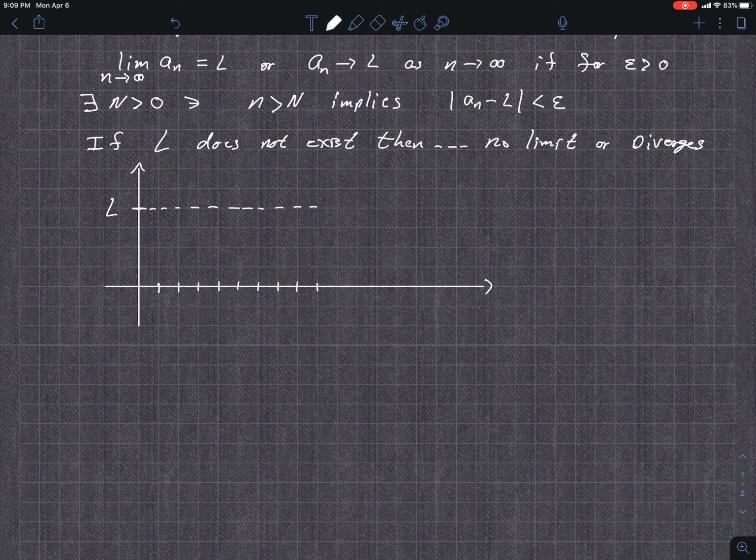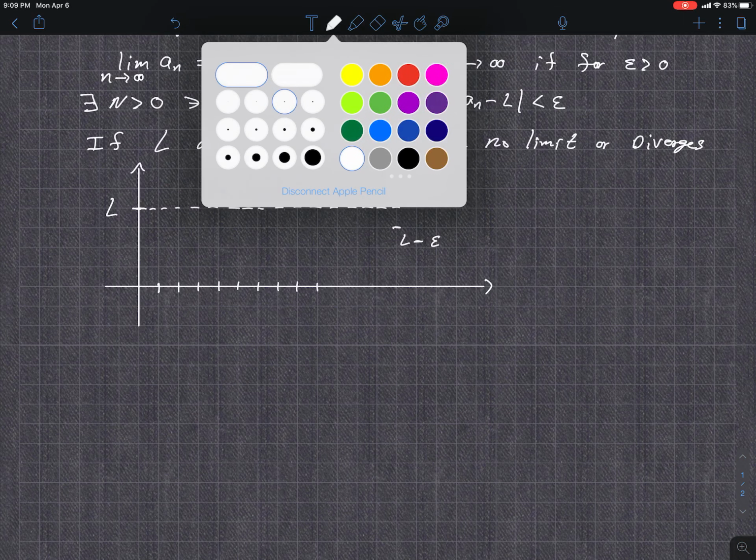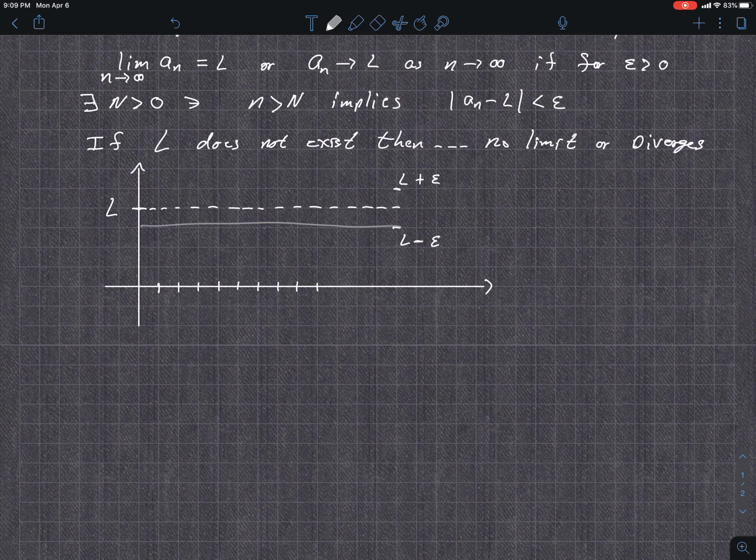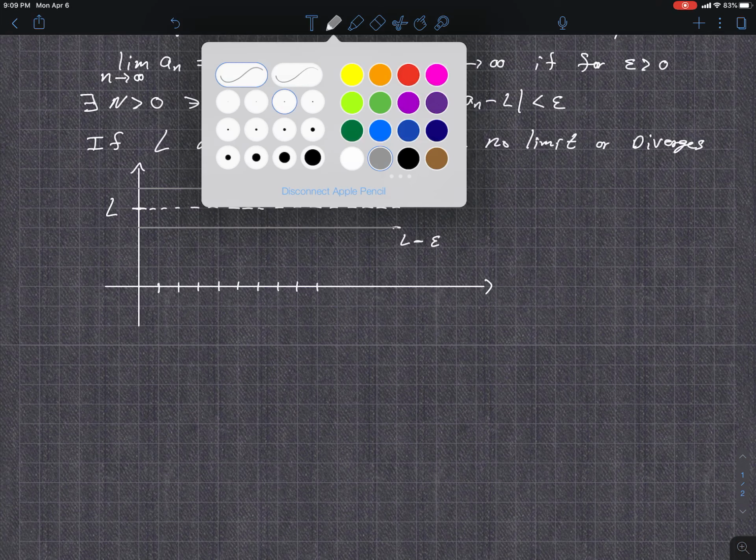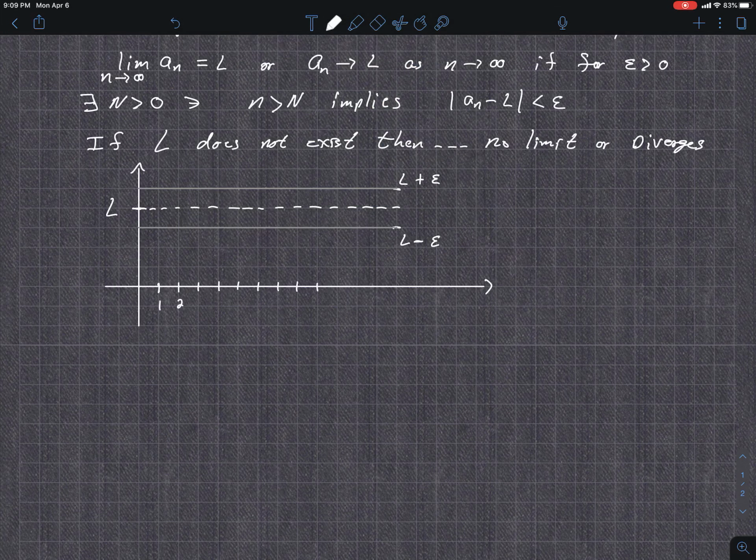So let's suppose some sequence is going to converge to this value L. Then you'll have L plus epsilon maybe up here, and down here will be L minus epsilon, a little less. So this is what you're going to converge to. That's your tolerance. Sometimes they talk about tolerance like that.